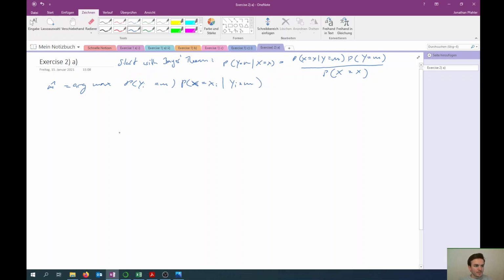And now we have to see how we get the individual parts here. And how to get the probability that y is a certain class is very intuitive.